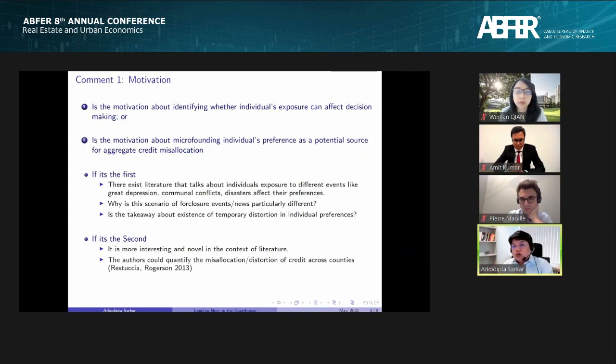The authors can use that and say what is the amount of these credit supply misallocations or distortions that are being generated through the individual's preference formation.